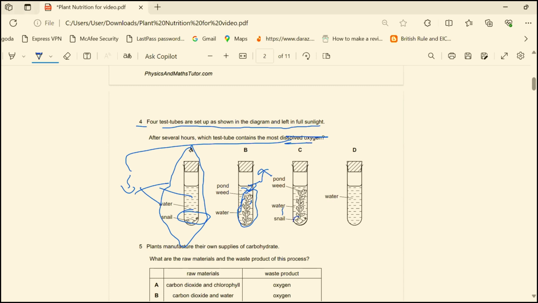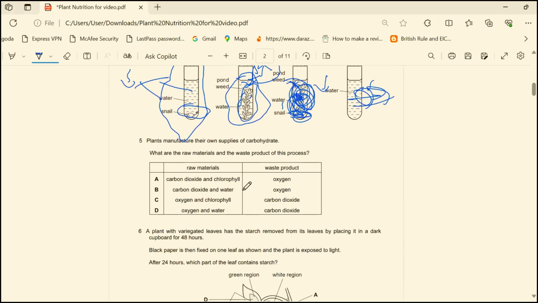While over here, there is a snail and a pond weed, both are present. So the weed is going to produce the oxygen, the snail is going to take in the oxygen. Okay. Hence, here there will be less oxygen dissolved, and here it will be normal because nothing happens in this diagram. Okay. So by this, the increased oxygen level will be part B, because there is no snail which can take it, only oxygen is produced.